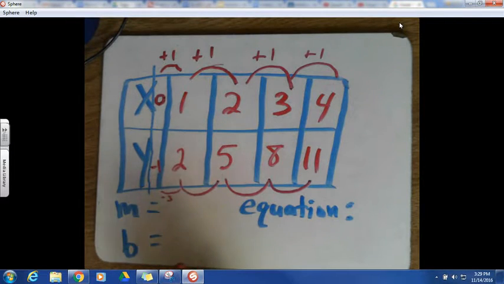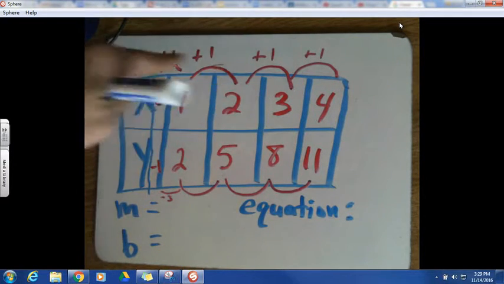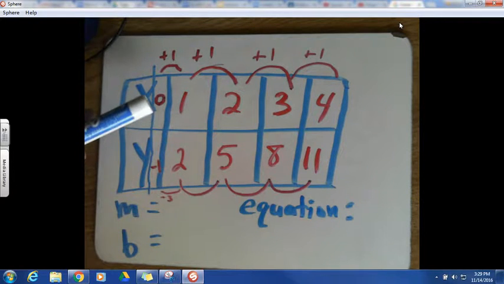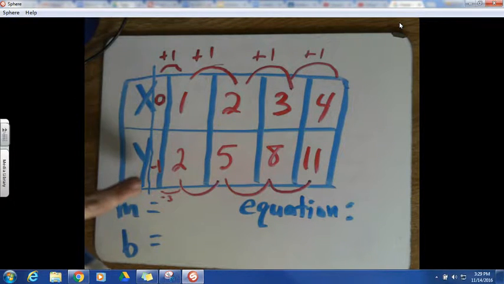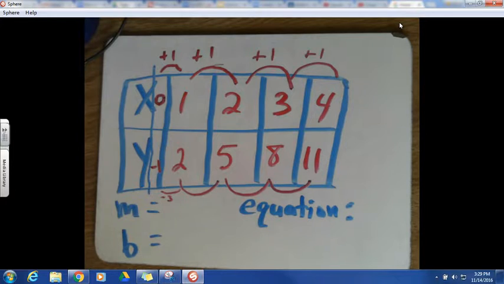So just looking at the xy table, using these rate of change rules that we established already, if x equals 0, then y would have to equal negative 1 in order to satisfy these rate of change numbers that we found earlier.